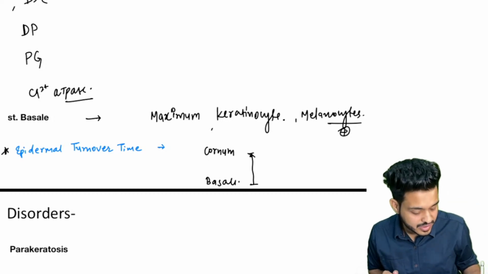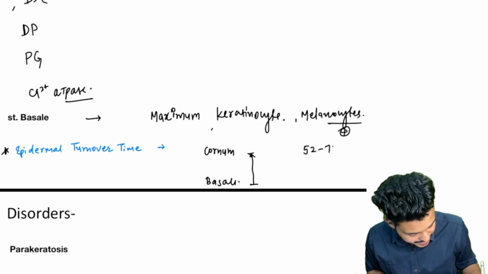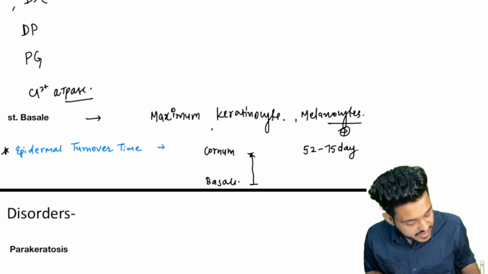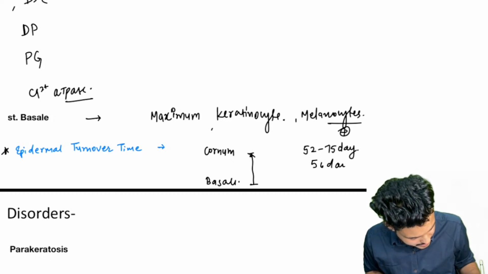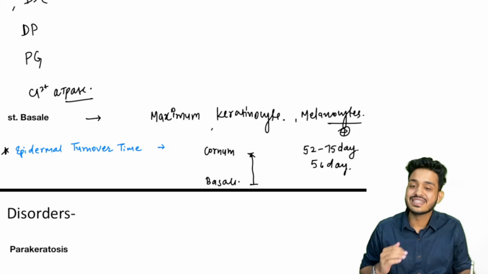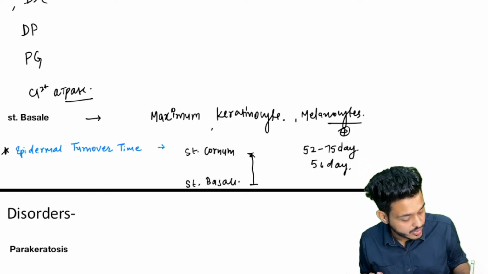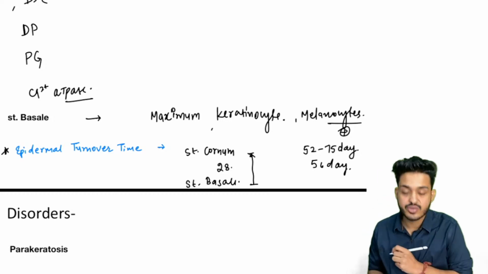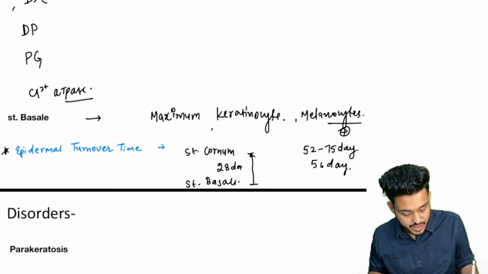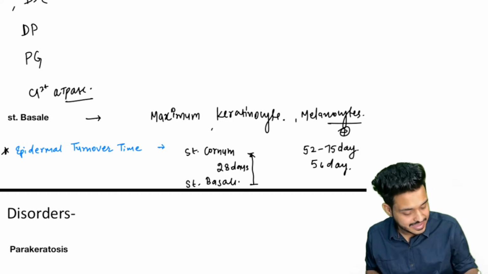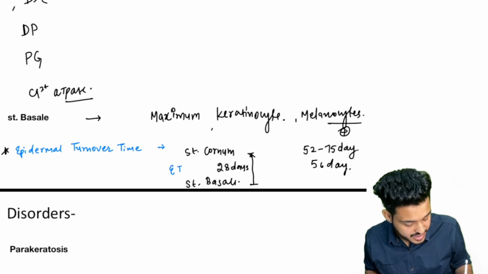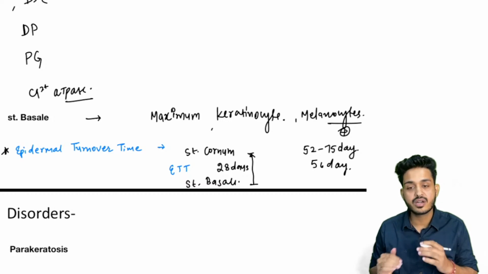This will take approximately 52 to 75 days, and the average would be 56 days. From stratum basale to stratum corneum, it will take approximately 28 days. And this is known as epidermal transit time.